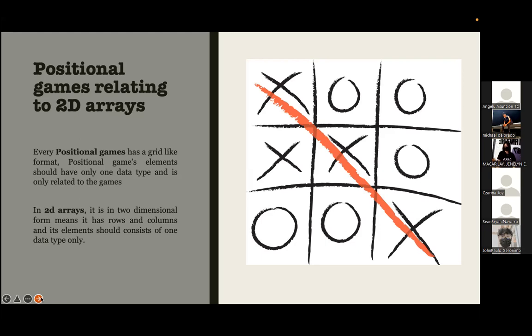So you can see in this example of two-dimensional arrays, as mentioned earlier, X is a finite set of elements, and F a family of subsets of X. This is a classic example of a positional game: tic-tac-toe.